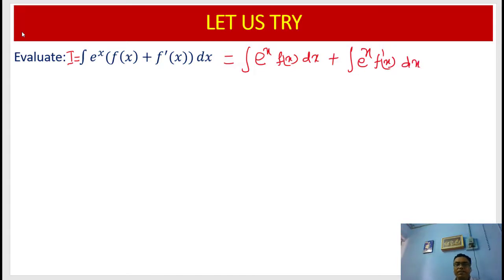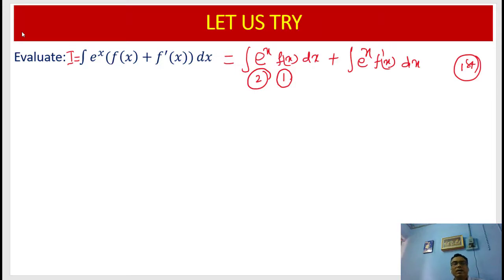Mark here. During integration by parts, whose derivative do we take? We take the derivative of the first function. So I take this one as my first function and this one as my second function.